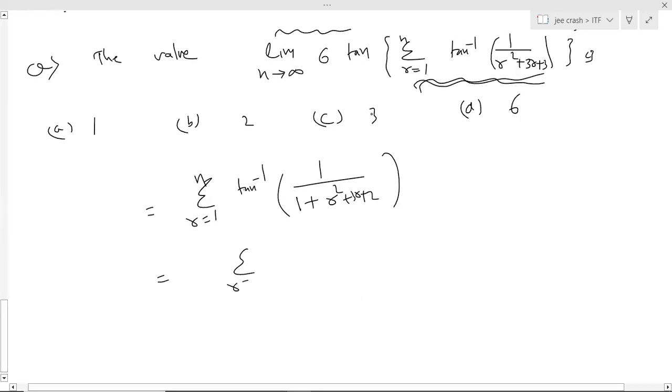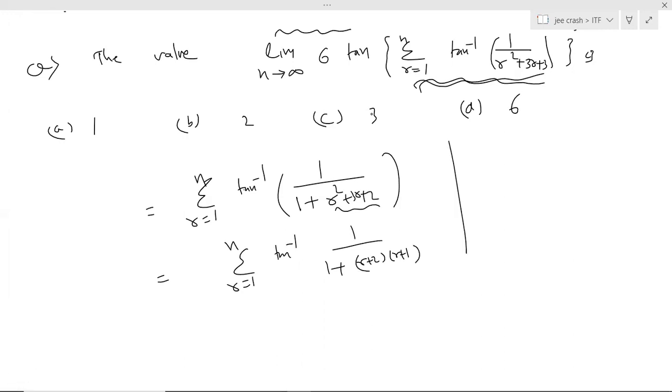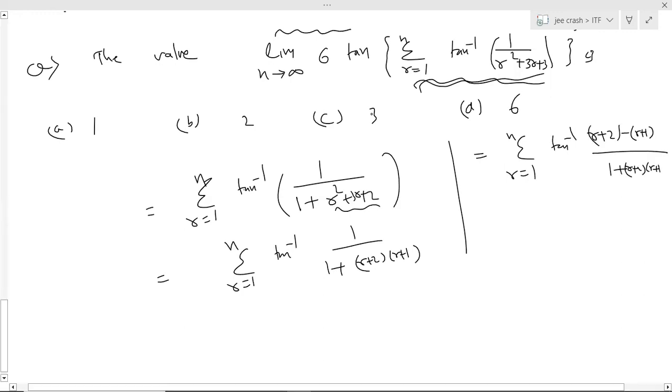So this is summation r from 1 to n, tan inverse 1 upon 1 plus, if you factorize this, you will get r plus 2, r plus 1. So in the numerator also you can write r plus 2 minus r plus 1. Solve this further.